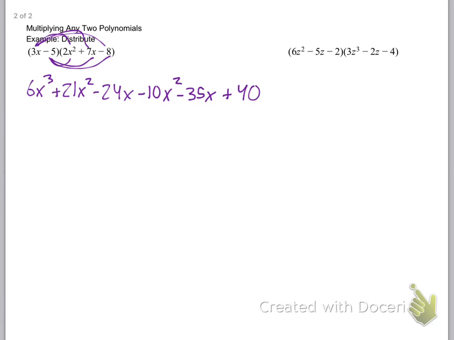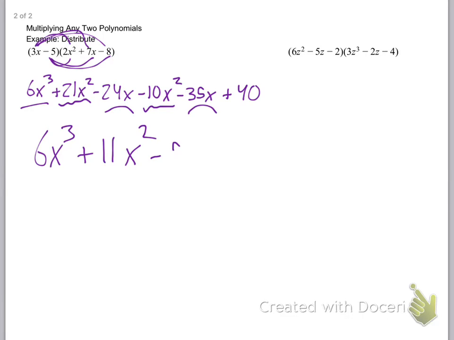At this point, guys, I want to put everything in standard form. Highest to lowest power. So, I think x cubed is the highest exponent, 6x cubed. Next, x squareds. I have 21 of them. I subtract 10 of them. I now have a positive 11 x squareds. -24x minus 35x.